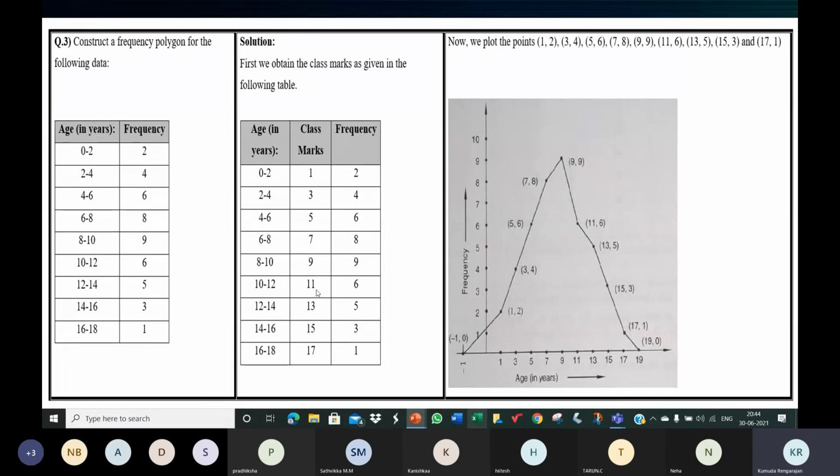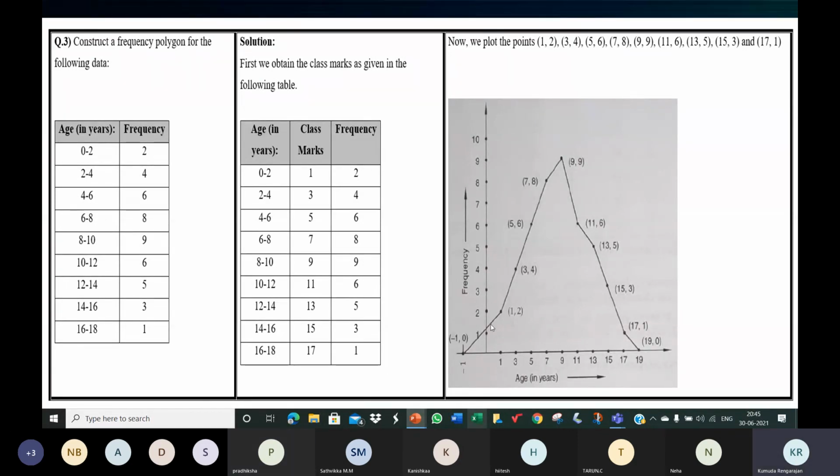Now we need to plot these points, children. To get the frequency polygon, we plot class mark, frequency; class mark, frequency. It's not the other way. If you take the frequency first by mistake, you're wrong.